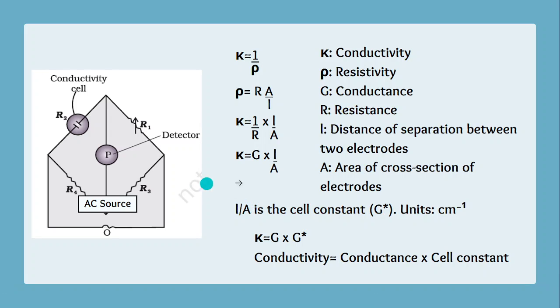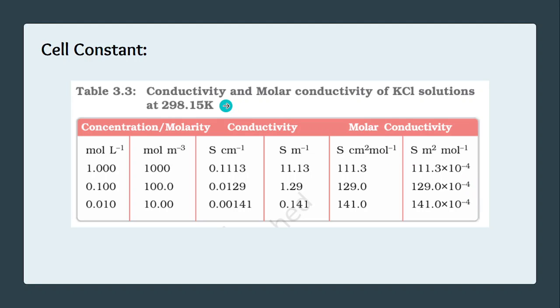L is the distance of separation between the two electrodes, and A is the area of cross section of the electrodes. It's quite impossible for us to sit and measure each and every conductivity cell and figure out the cell constant. Instead, we use a standard solution of KCl, whose concentration we know at a specific temperature.